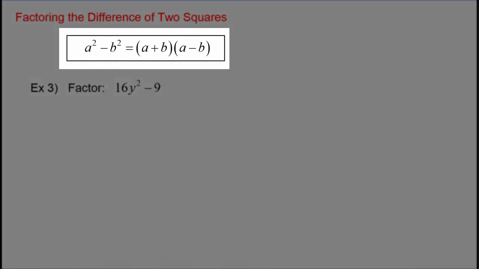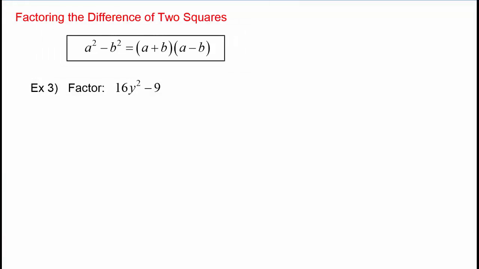Next, we turn to factoring the difference of two squares, which is really just the reverse of what we did in examples 1 and 2. Let's check out example 3 here, where we have to factor 16y squared minus 9.